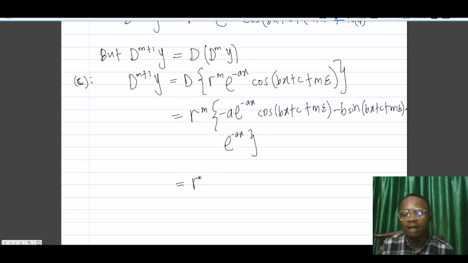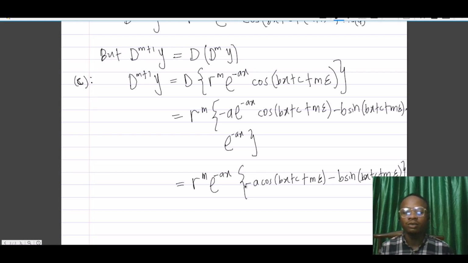So this is going to be r to the power of m, e to the power of minus ax, that is moving this out, and then what we have left will be minus a into cos of bx plus c plus m epsilon, close the bracket, then minus b into sine of bx plus c plus m epsilon, then close the bracket. All right, so now we're good.